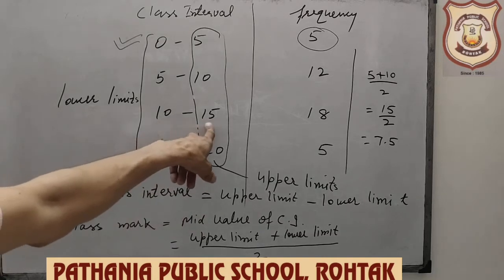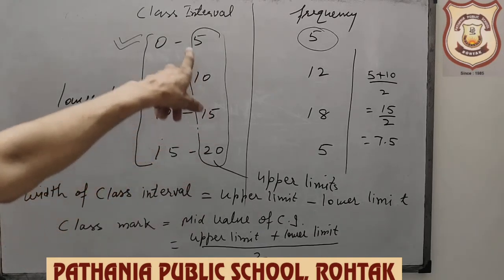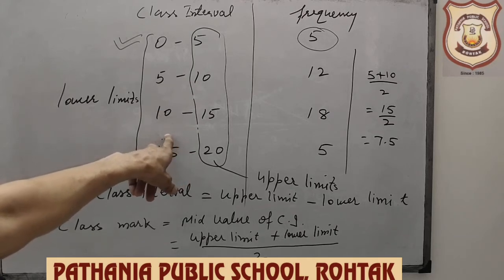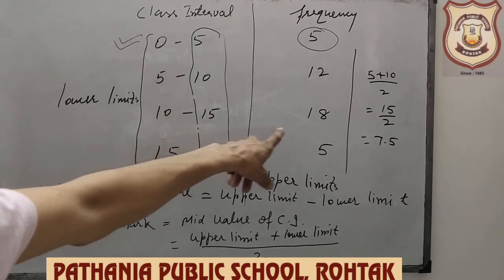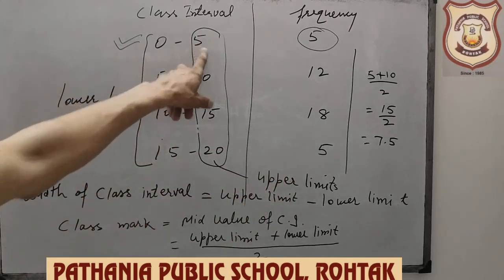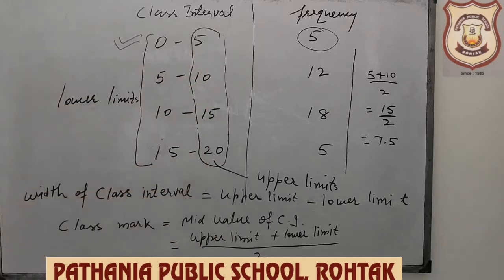That is 10 to 15, the third interval. 10 to 15 has the maximum frequency. And which intervals have the minimum frequency? That is 0 to 5 and 15 to 20, because both have the same frequency.